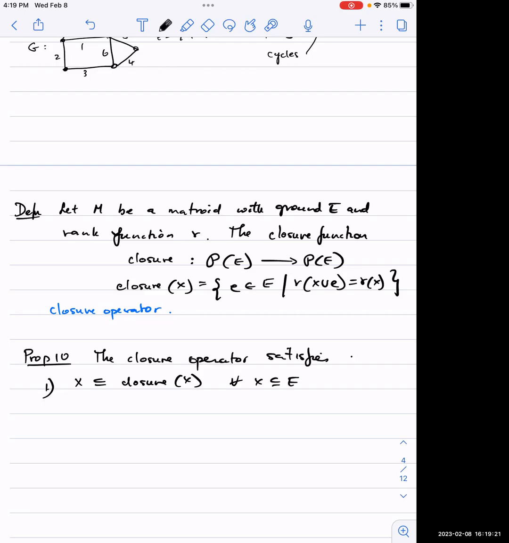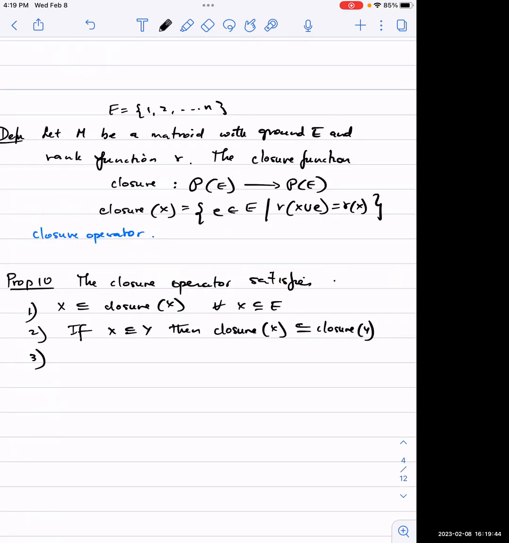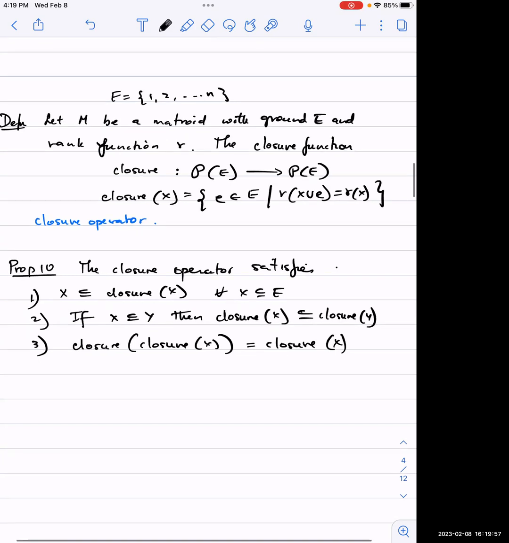And always think of E as just a set of n elements. 2, if X is contained in Y, then, reasonably, closure of X is contained in closure of Y. And then 3, closure of the closure of X is the closure of X. Think closed sets in topology.